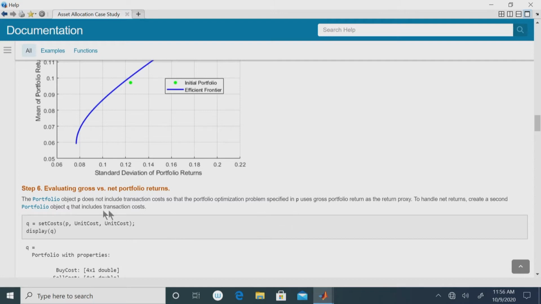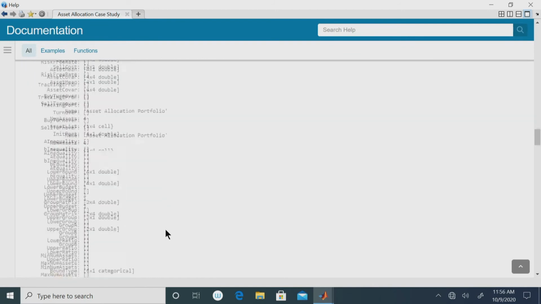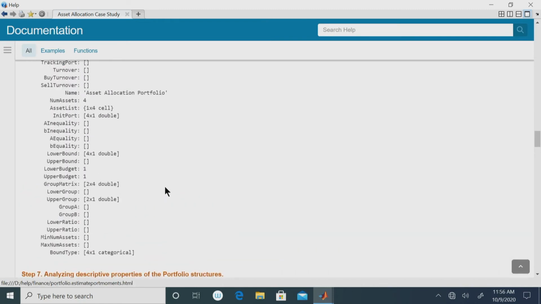So, what you do is that we create another portfolio object where you set costs on P by incorporating the unit cost, and we call this Q. So, just to do a recap, P is the portfolio where transaction costs are not included, and Q is going to be the portfolio where the transaction costs are included. So, these are the outputs that you get out of this setting up of the transaction costs.